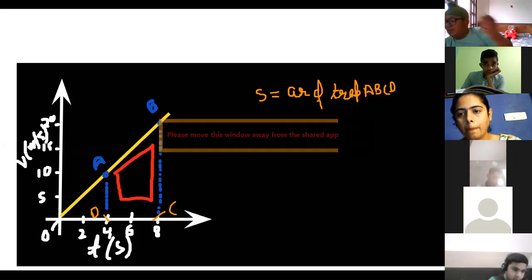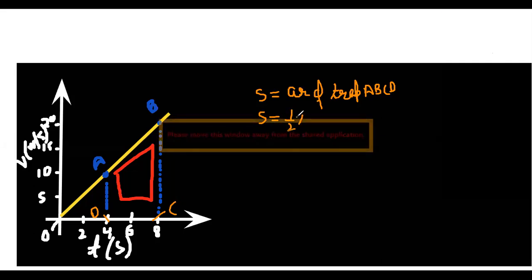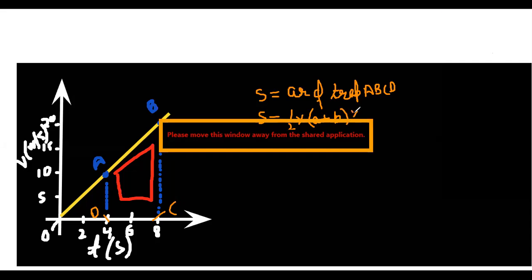Now, what is the formula of area of trapezium? That is half into the sum of parallel sides. We can take one side as a plus second side as b, multiplied by height.